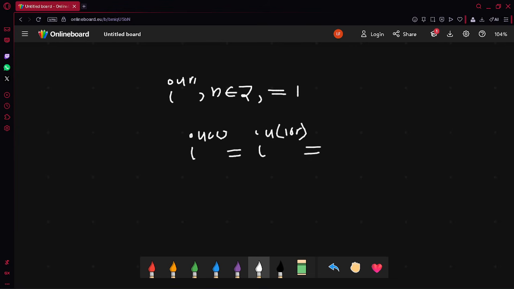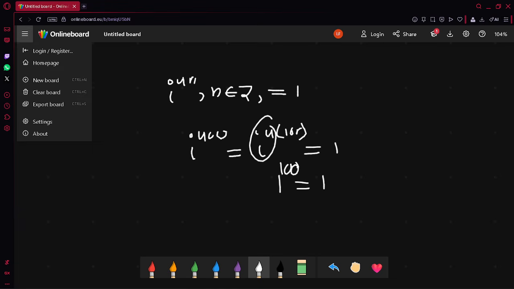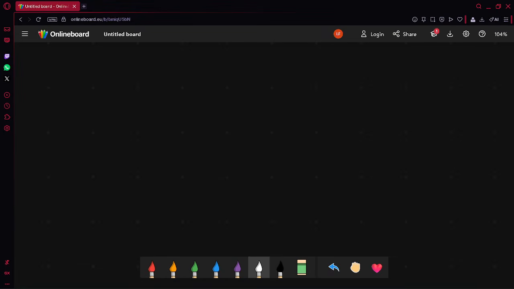And this is going to be equal to 1, because i to the power of 4 is 1. 1 to the power of 100 is still 1. So what can we say with this? We can say that i to the power of 4n plus r equals i to the power of r.